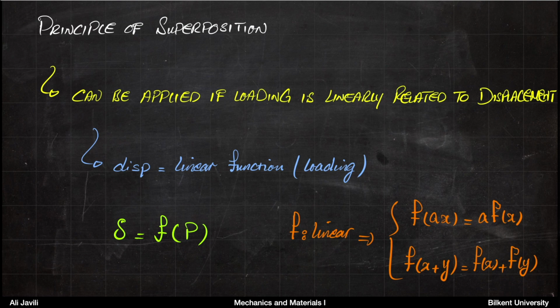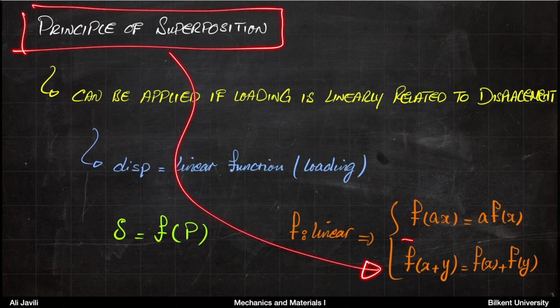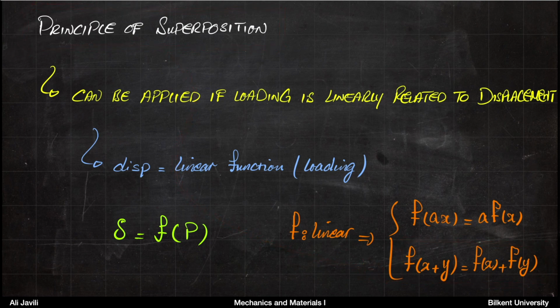So this principle of superposition is closely related to this property. So if you know the displacement is a linear function of loading, then that means if you have loading 1 plus loading 2, the displacement corresponding to that would be the displacement of loading 1 plus the displacement of loading 2.